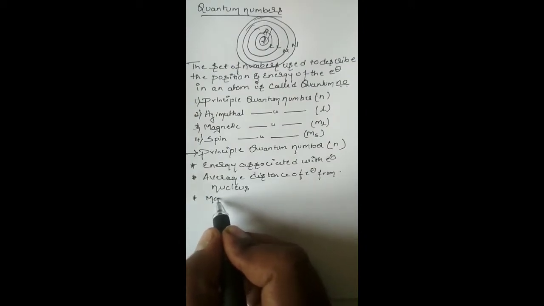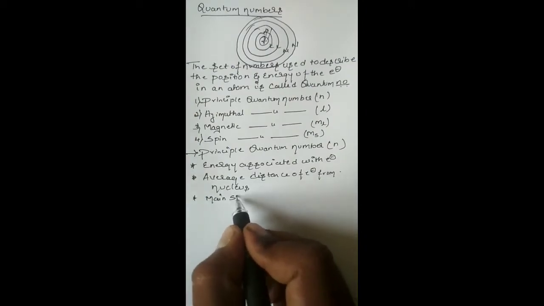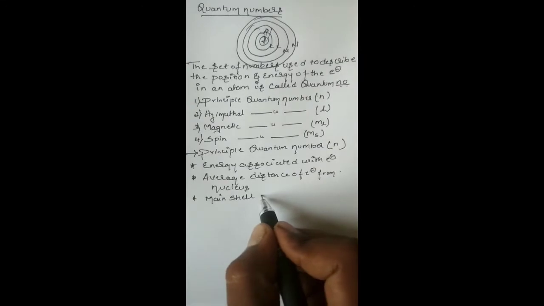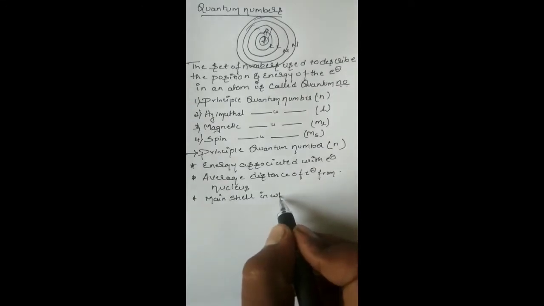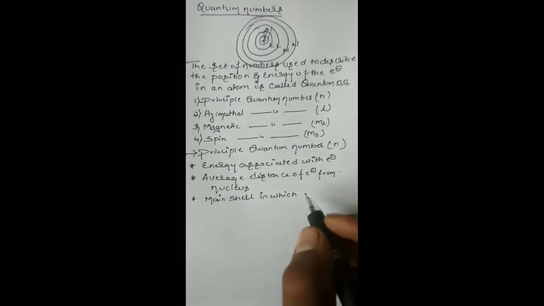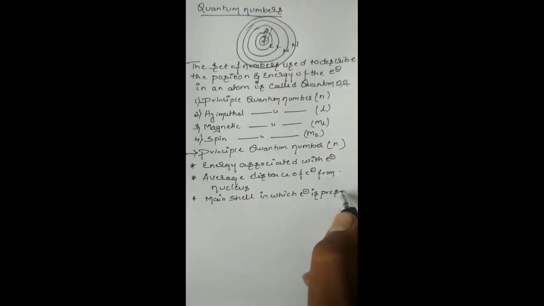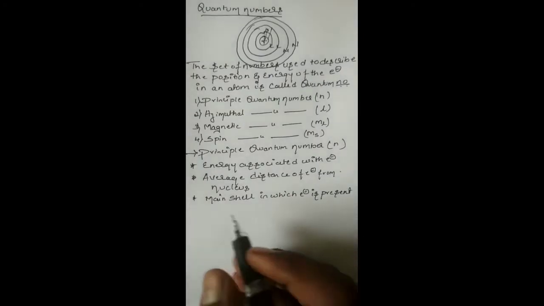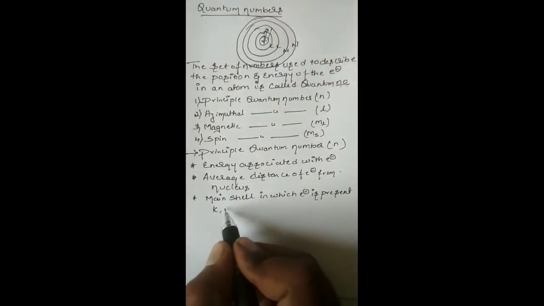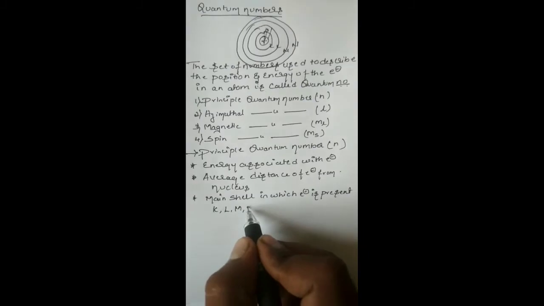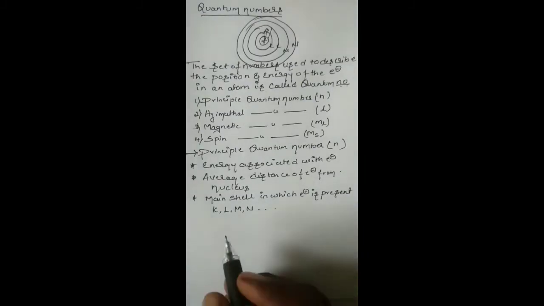It explains the main shell in which electrons are present, that is K, L, M, N, and so on.